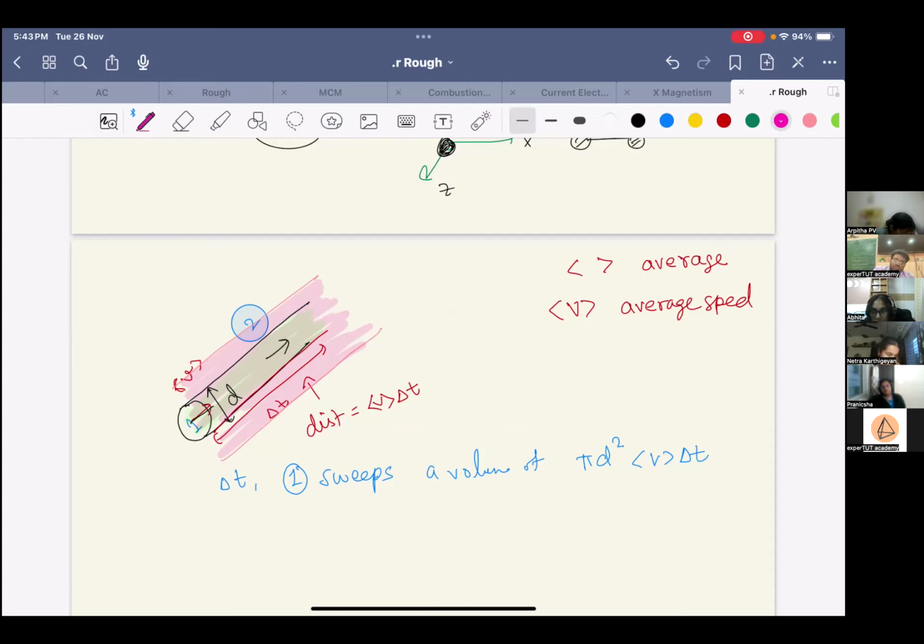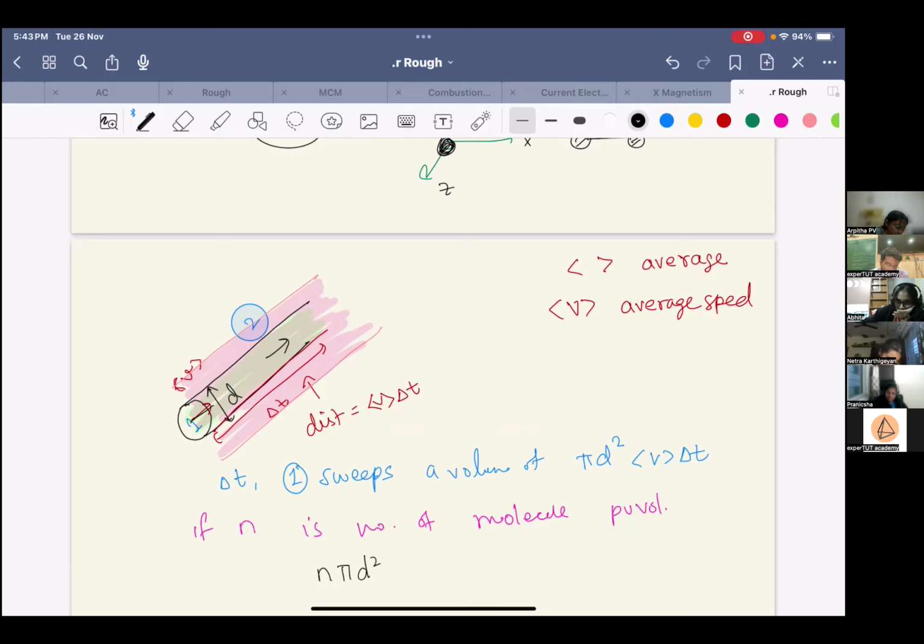If n is the number of molecules per unit volume, then this molecule 1 suffers n pi d square v delta t collisions in time delta t.